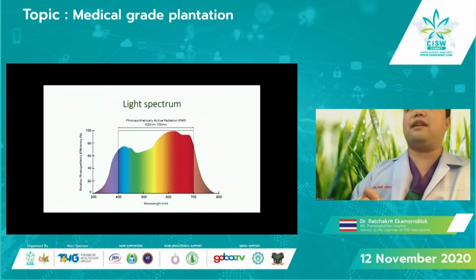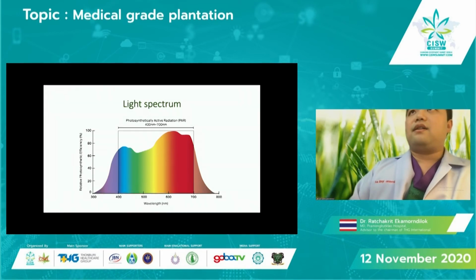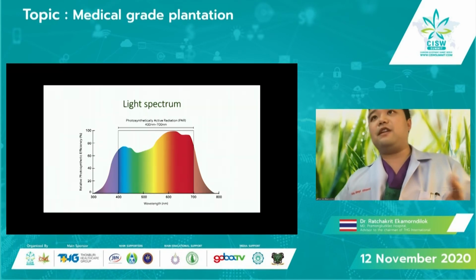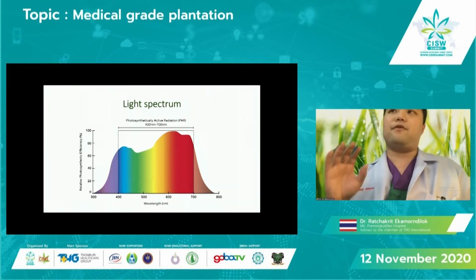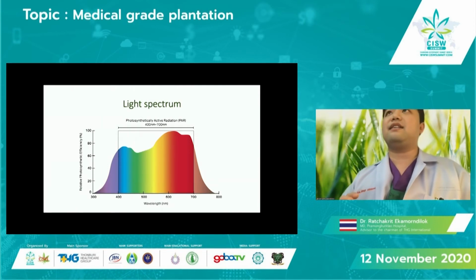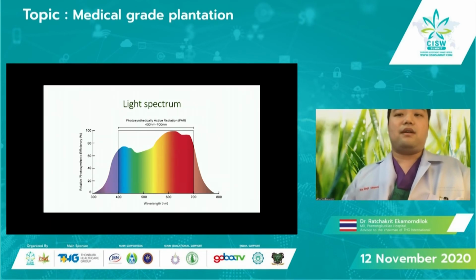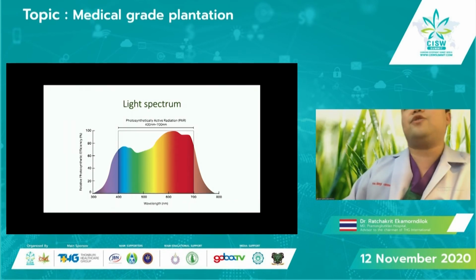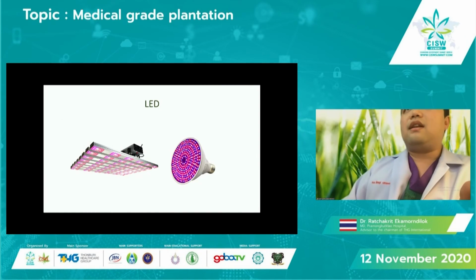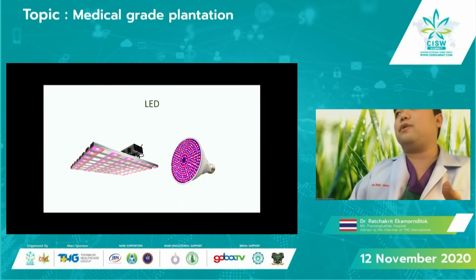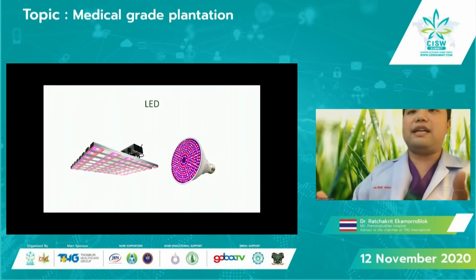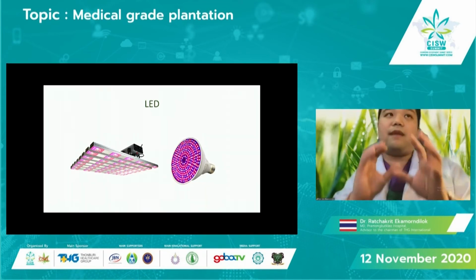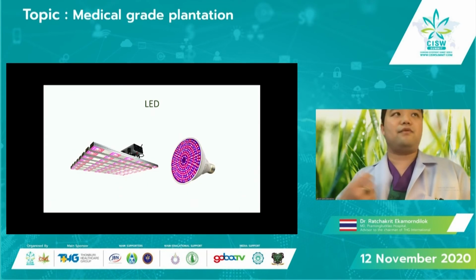You don't need lumens because cannabis can only benefit from the 400 to 700 nanometer wavelength. Other than that, you may have a very powerful lumen, but your cannabis cannot use it. The last one is LED, commonly popular today because it is low heat, you can shoot a specific wavelength, and it's very cheap.